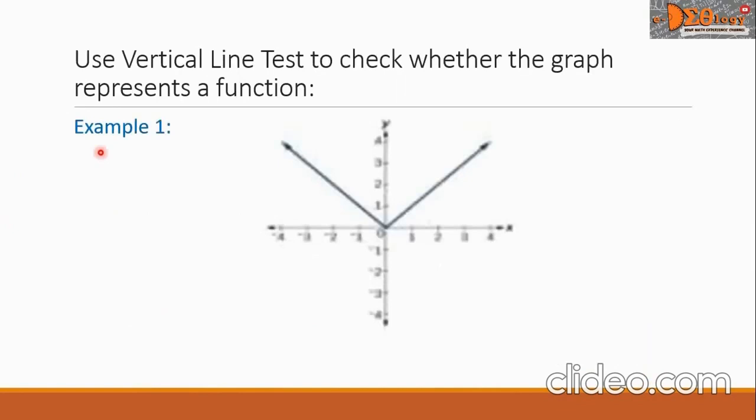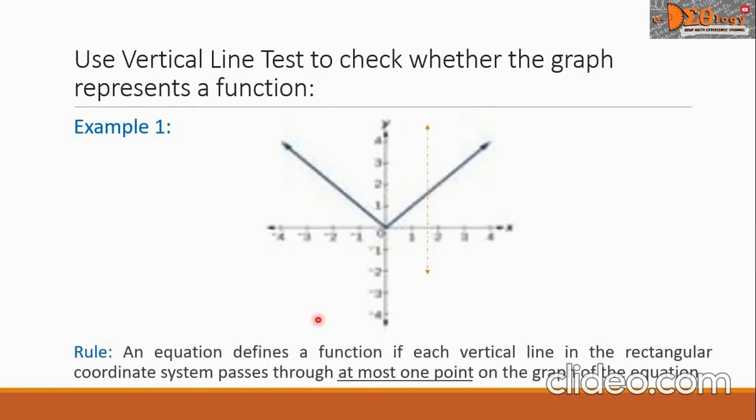This is example 1. Use vertical line test to check whether the graph represents a function. This is the graph. Let us draw a vertical line anywhere on the graph. So we have one vertical line here, and we can see that it touches the graph at one point.